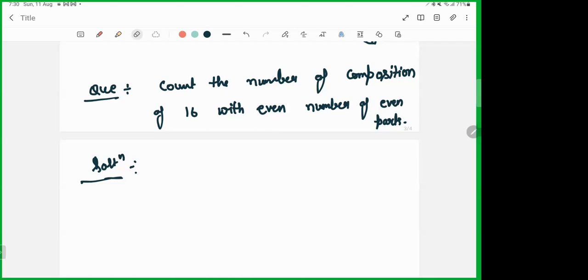Sir, does this mean that even parts are only even numbers? No, that is how I was thinking initially, but this doesn't mean that. The problem says an even number of even parts. Let me give you an example: x1 plus x2 plus x3 is equal to 16.